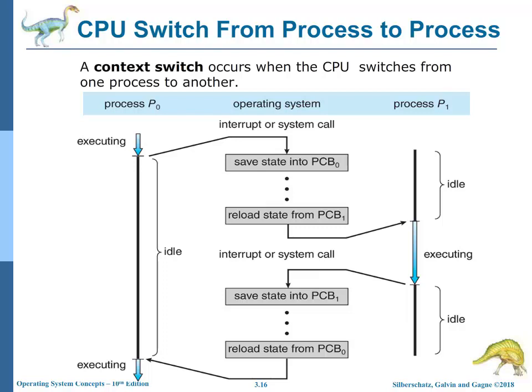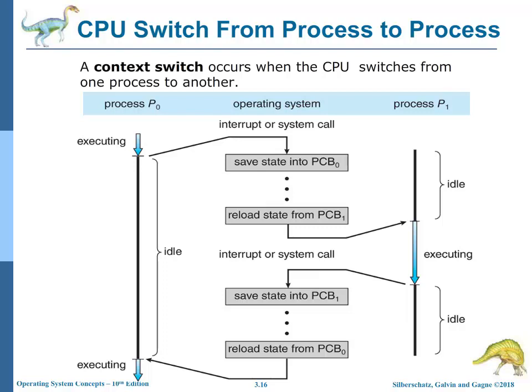In this figure, we can see we have a process 0 and a process 1. At the beginning, process 0 is executing. Then it is interrupted or has a system call, so it saves the state into the PCB of process 0. Then process 1, which was idle, loads its state from P1's PCB.